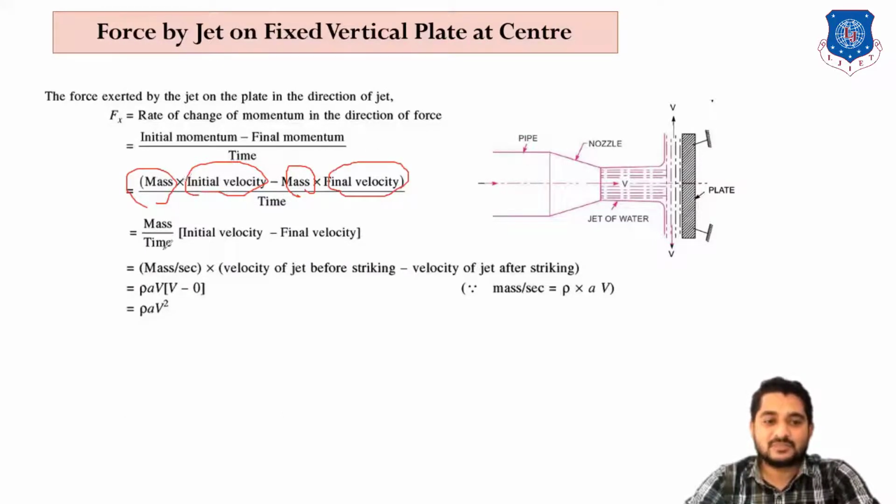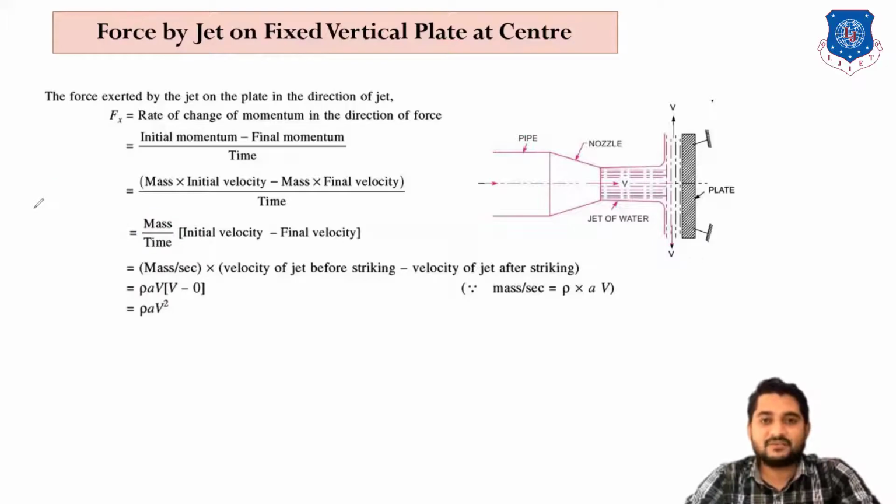Here mass by time is taken as a constant. So it is mass by time into initial velocity minus final velocity. Mass by time is known as mass flow rate. Remember students, here mass by time is the mass flow rate. We can write mass flow rate as rho a v.